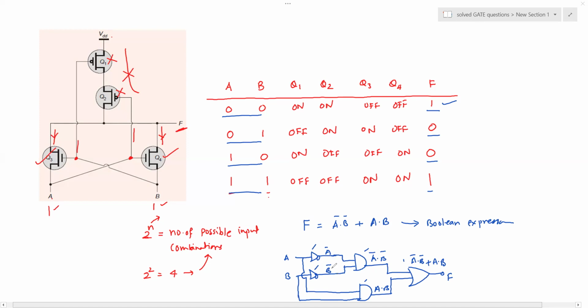In terms of transistor implementation, we have to understand how many internal transistors will be required for each gate. That I leave as an exercise for you.